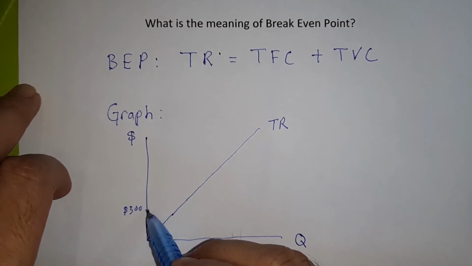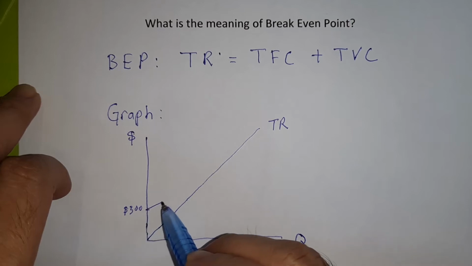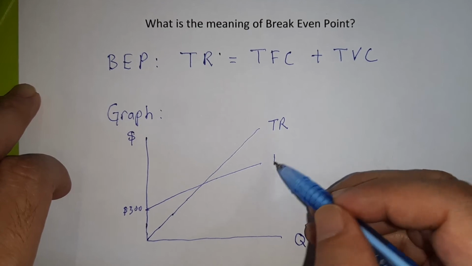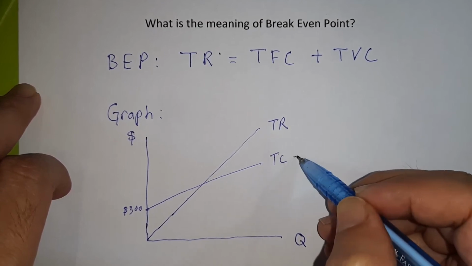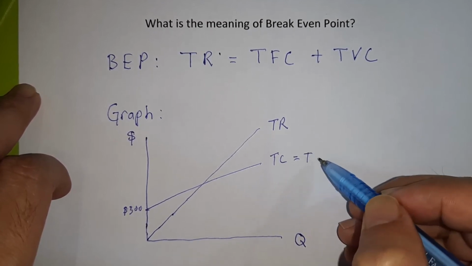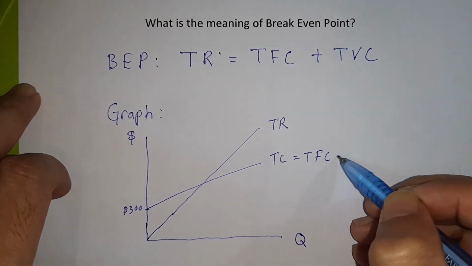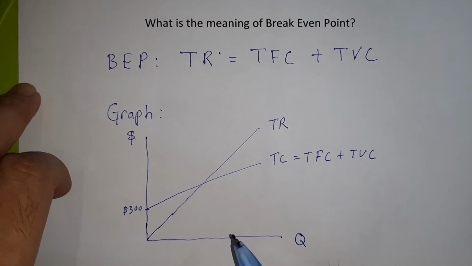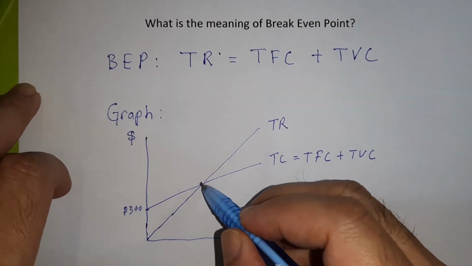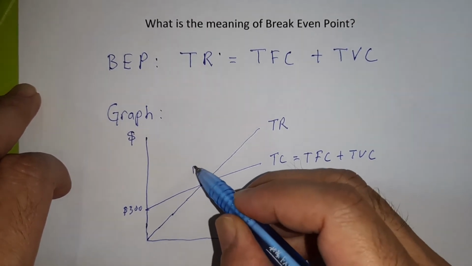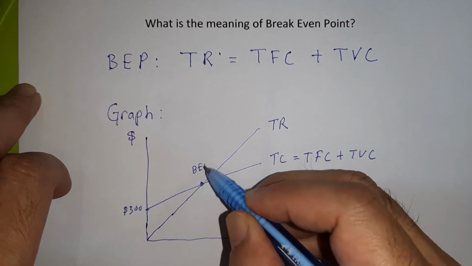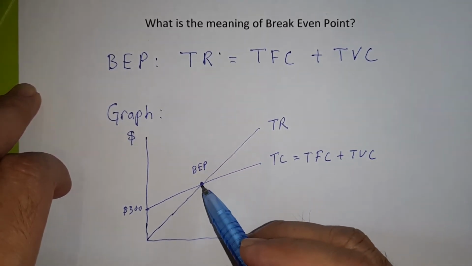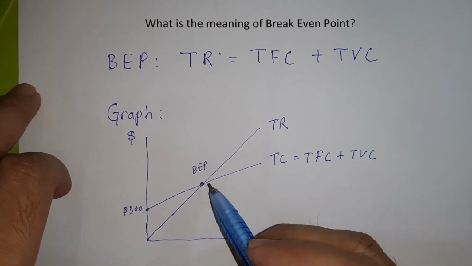So you will get a graph like this, the graph for total cost. Okay, this is the point of break-even. Break-even point is a point where total revenue equals the total cost.